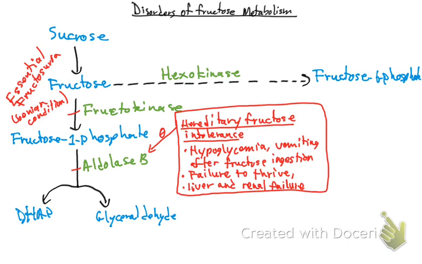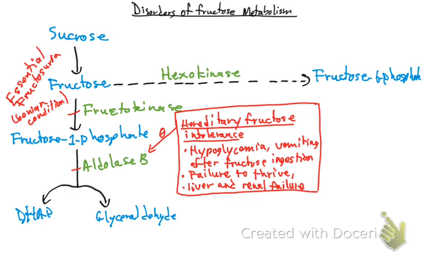Now, with that in mind, we can move on to continue with the pathway. Let's see what else we can learn here. Then you have your glyceraldehyde. Your glyceraldehyde needs to go to glyceraldehyde 3-phosphate.